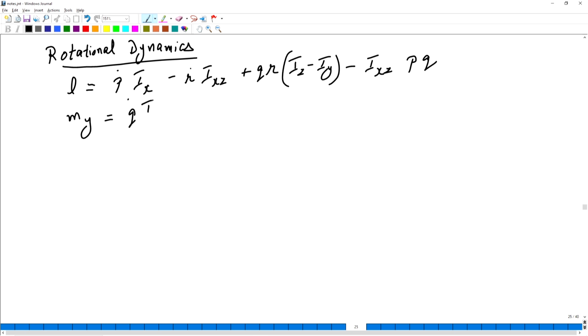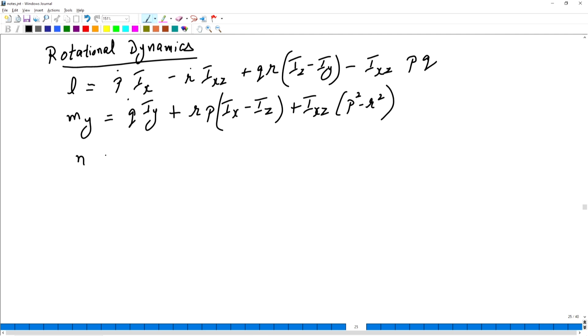M equals q dot Iy plus r into p into Ix minus Iz, plus Ixz into p square minus r square.